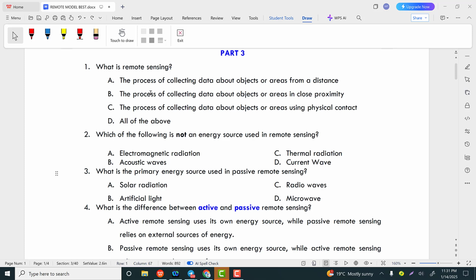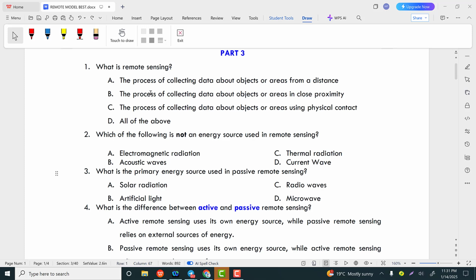C. The process of collecting data about object or area using physical contact. This is absolutely wrong. D. All of the above. Let me give you a brief explanation about remote sensing. Remote sensing is a combination of two words, remote and sensing. Remote means distance or far apart from the object, and sensing is gathering or collecting information about the object which is far away from the sensor.